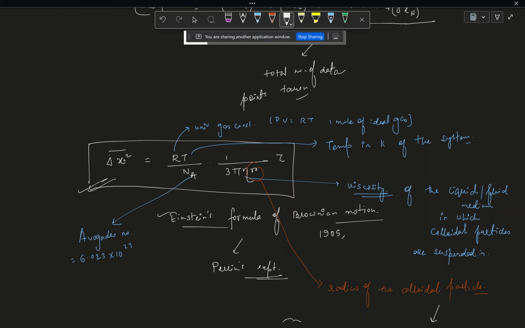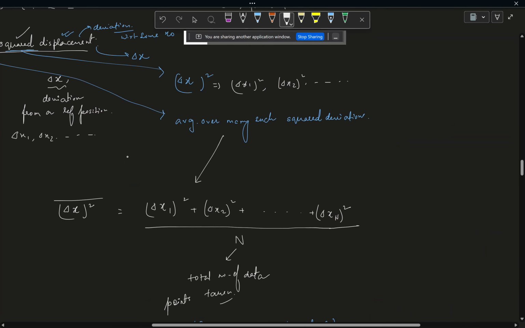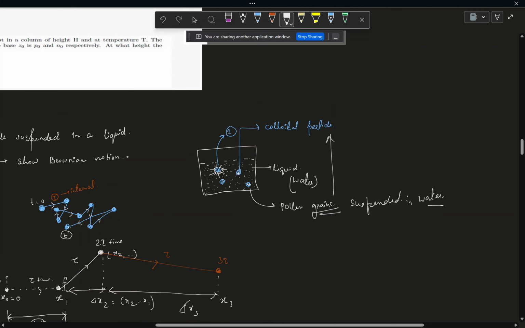Even if the motion is present, it will not be visible, because the forces from all other directions will cancel out, and effectively you will see no Brownian motion, which is why you do not see Brownian motion in everyday objects. You can only see it in small particles under a microscope.